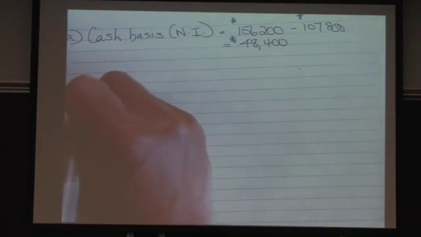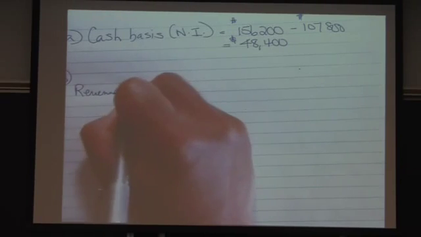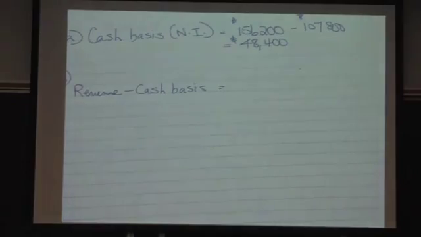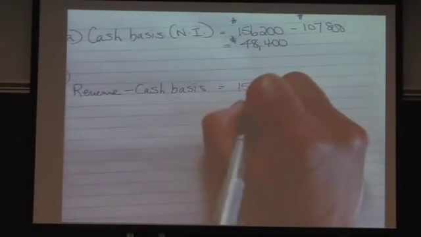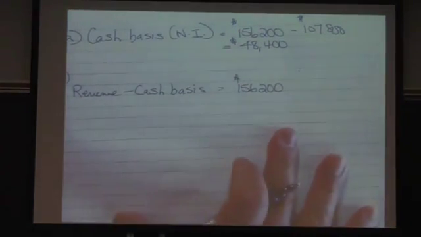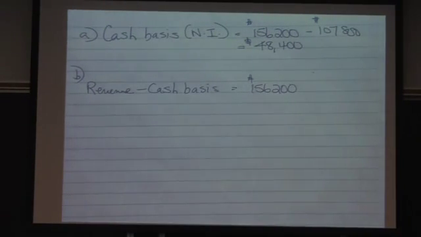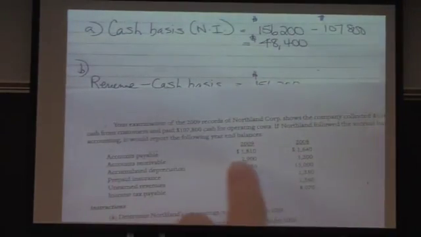So revenue under the cash basis, so we're doing part B, equals 156. So we're going to try to convert it to accrual basis of accounting. So what balance sheet account affects revenue? So the first thing I see is I see accounts receivable.